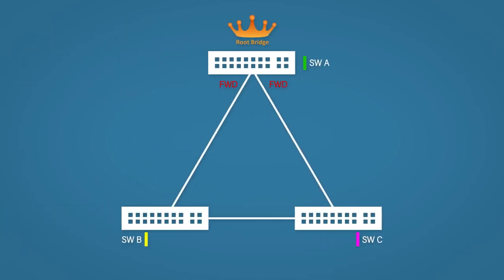Okay, so back to the diagram. The important thing to remember here is the root cost is the collection of each outgoing port to the root. Let me say that again. Each outgoing port added together to the root. So let's start with the root bridge. The root bridge will send a cost of 0.